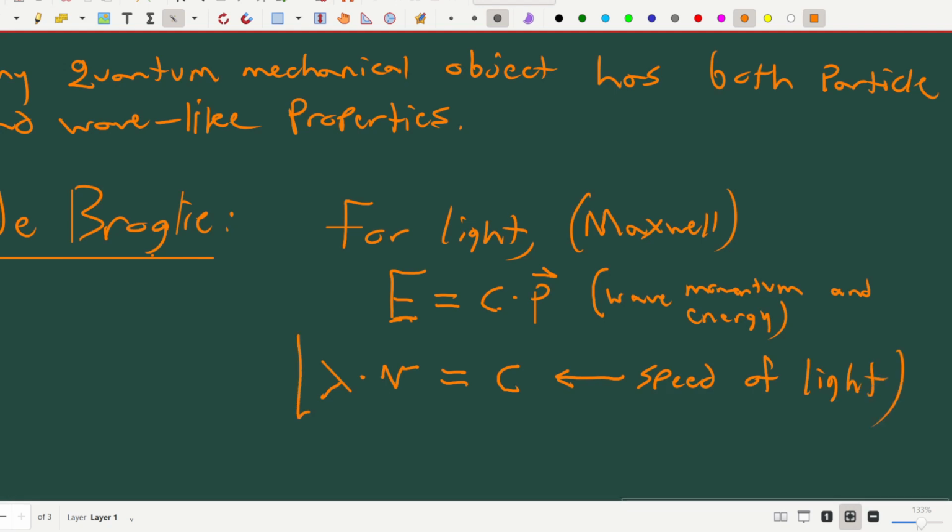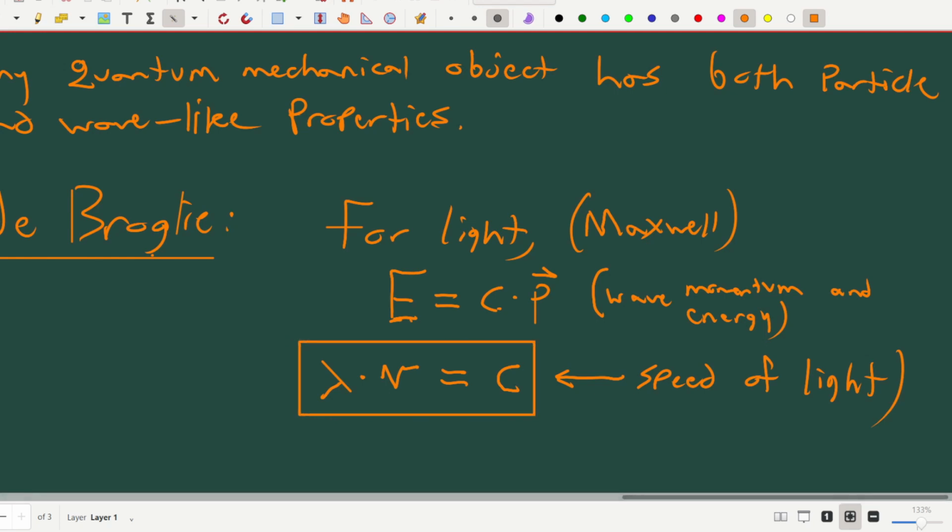This is a really important relationship to remember. The frequency of a wave, which is how fast it goes through a period, and the wavelength of the wave, which is how long the period is in length. The product of those is c. They're inversely proportional to each other.